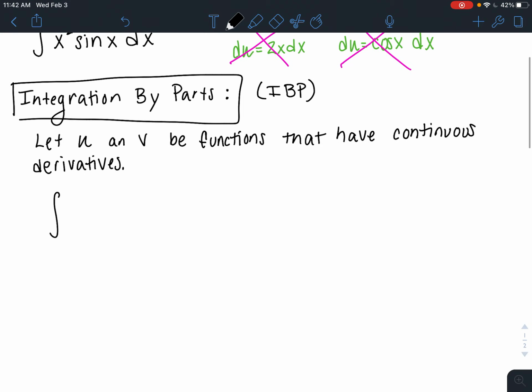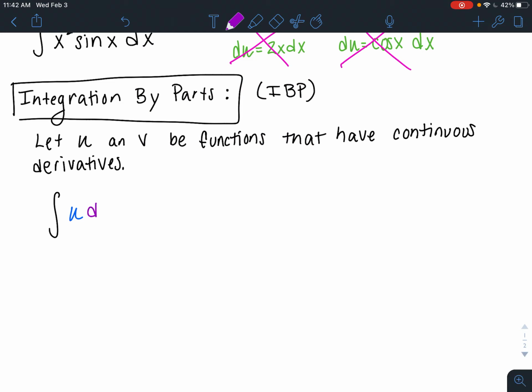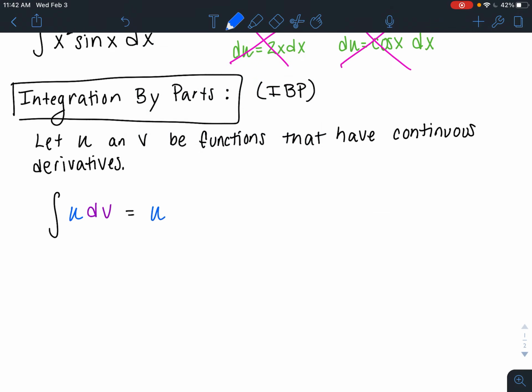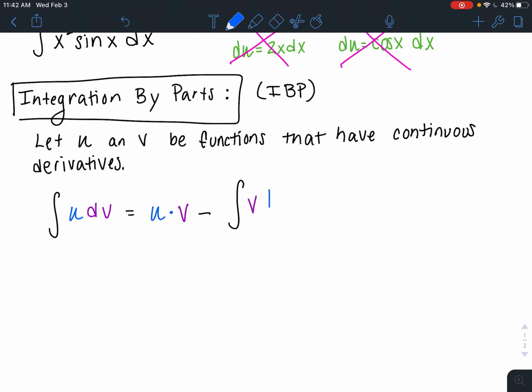If that condition is met, we have that the integral of u dv is equal to the function u times v minus the integral of v du.